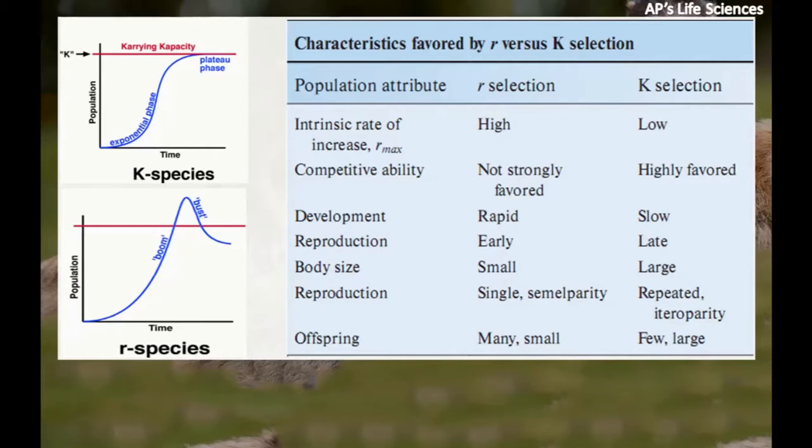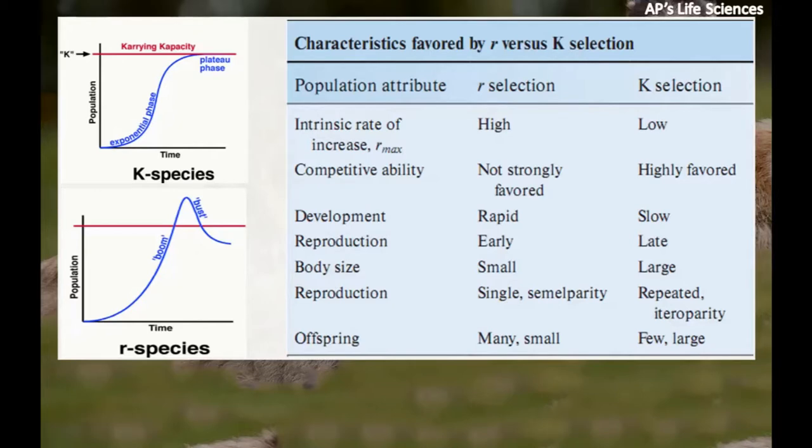Now, reproduction is semelparity in the R-selected species, that is, they give birth at once throughout their lifetime, whereas iteroparity, or heteroparity, is followed by the K-selected species, that is, they can reproduce more than once throughout their lifetime. Now, the offspring size in the R-selected species is smaller, that is, small size with a large number of offspring, whereas in K-selected species the offspring are larger and few in number.